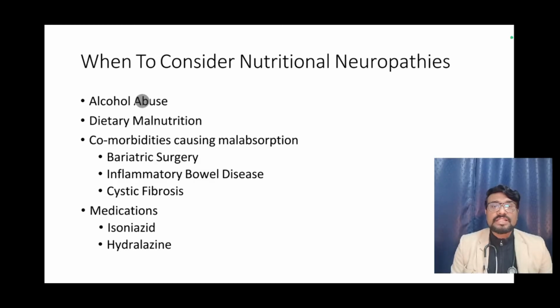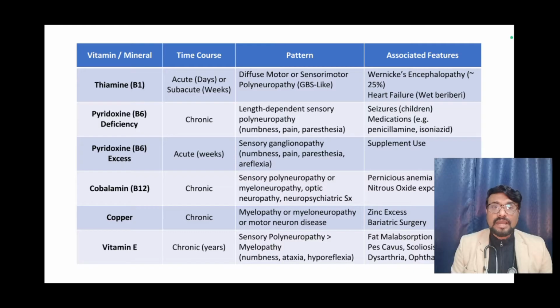In these cases, nutritional neuropathies can be a presentation in the patient. The vitamins that can lead to neuropathies include thiamine, pyridoxine deficiency, pyridoxine excess, cobalamin, copper, and vitamin E. These are the common vitamins that can be associated with neuropathies.